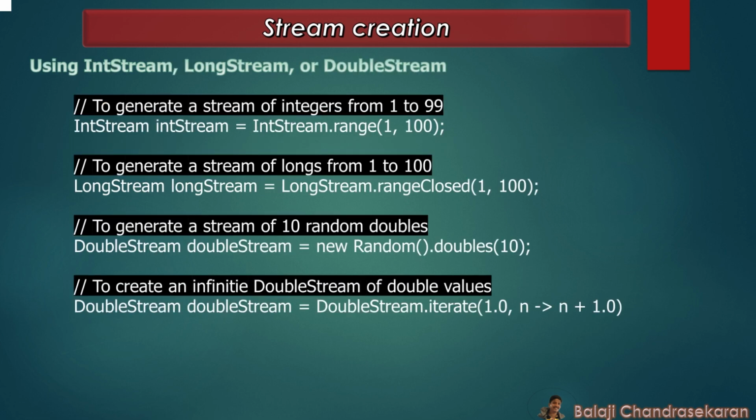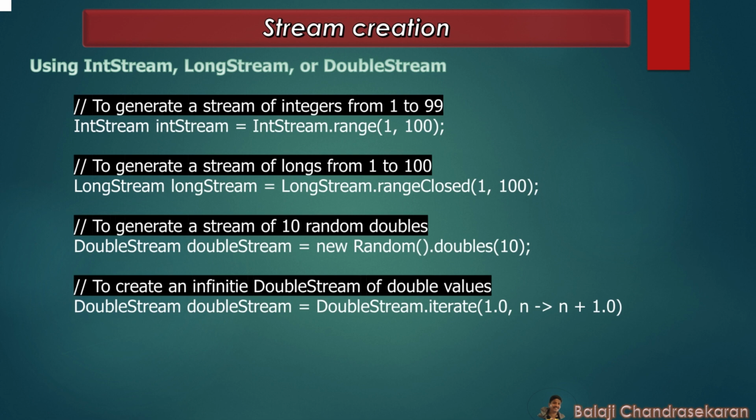In Java, you can create streams of primitive data types such as int, long, and double using the specialized stream interfaces IntStream, LongStream, and DoubleStream respectively. These specialized stream interfaces provide additional methods tailored for working with their corresponding primitive data types.